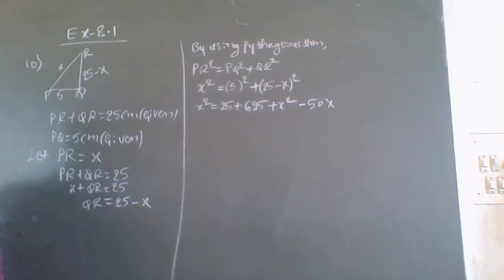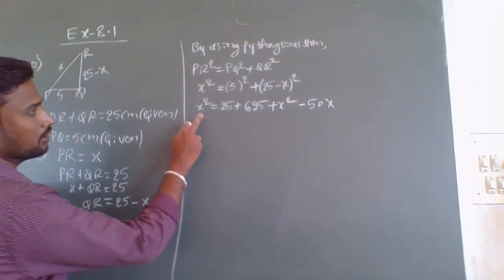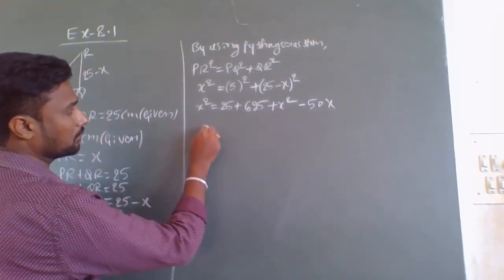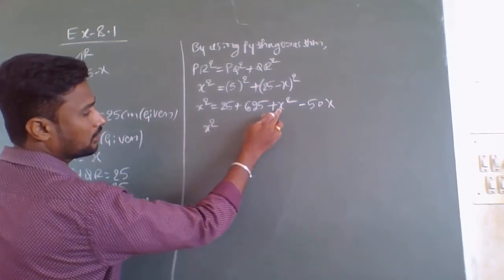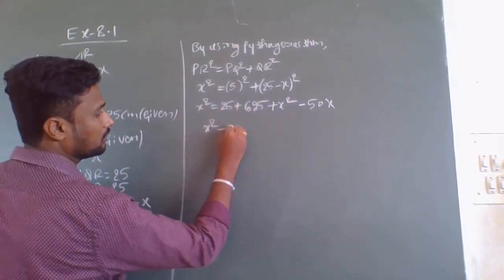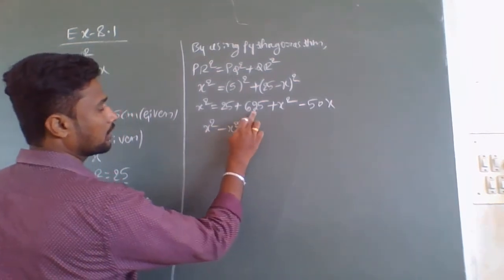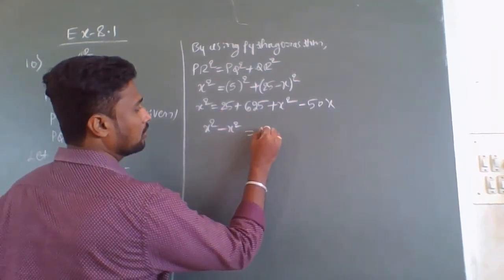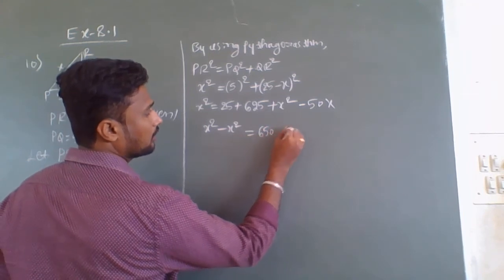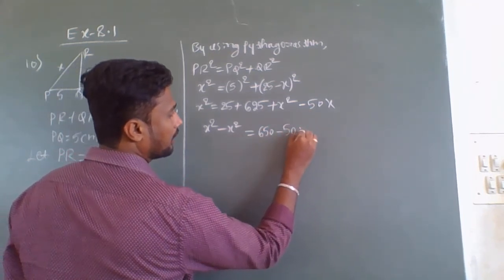Okay. Now you can see here also x square, here also x square. So I will take this x square to the left hand side. So it becomes minus x square equals 625 plus 25, 650 minus 50x.